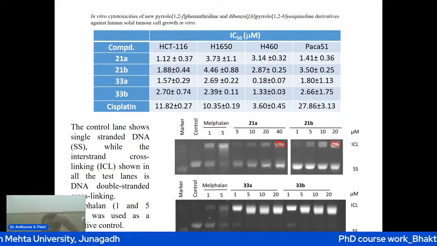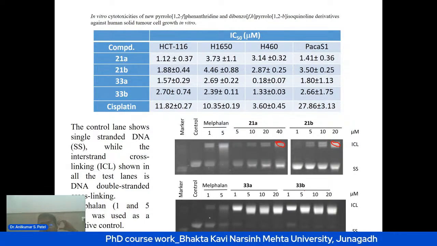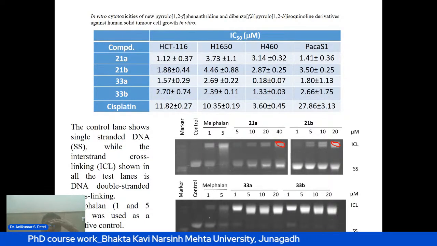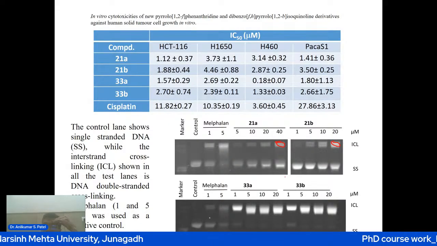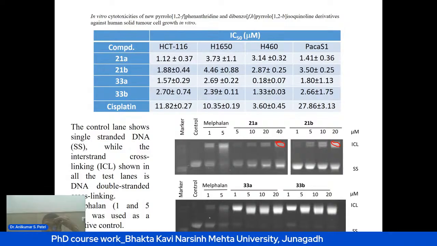So particularly we found that compounds 31A and 31B have very good potency in DNA cross-linking. However, the compound solubility is very bad for in vivo screenings. So we have taken compound 21A for further anti-cancer screenings.